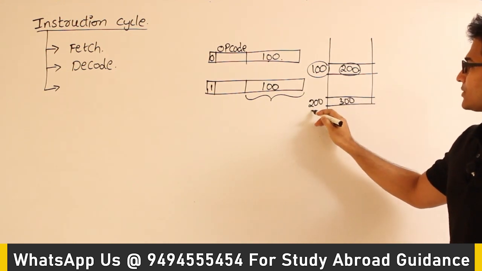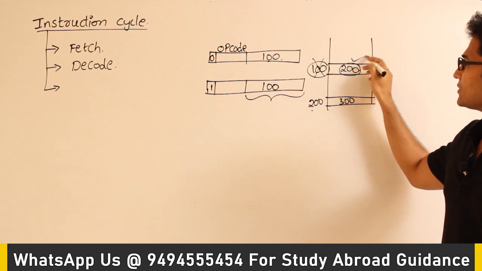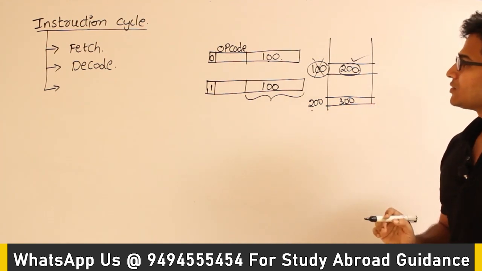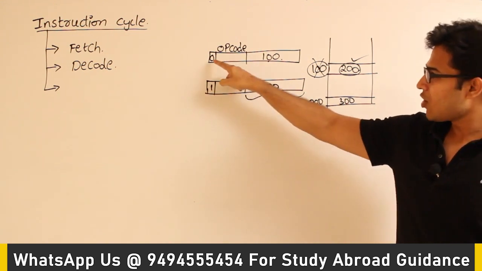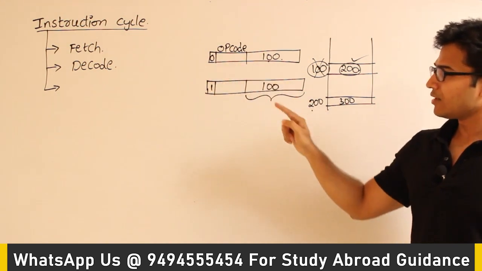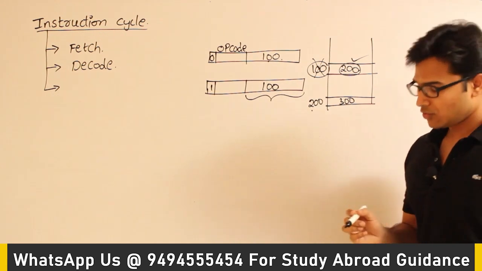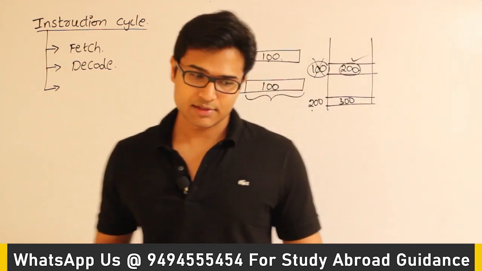So in this case, this is not the effective address, this is the effective address. Got it? So computing the effective address of the operand depends on what type of addressing mode it is. In our case, we are using two addressing modes. One is direct and the other is indirect.